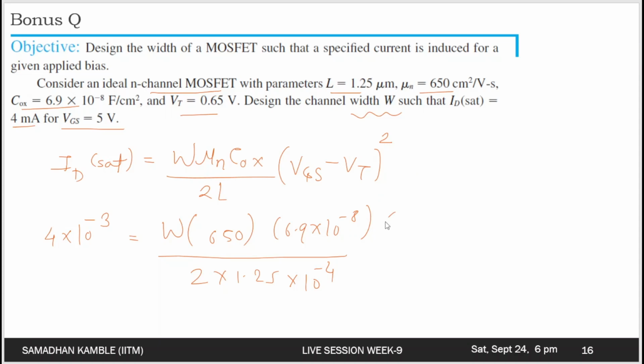We need consistency in the units. Also the VGS minus VT is 5 minus VT, which is 0.65 volt squared.